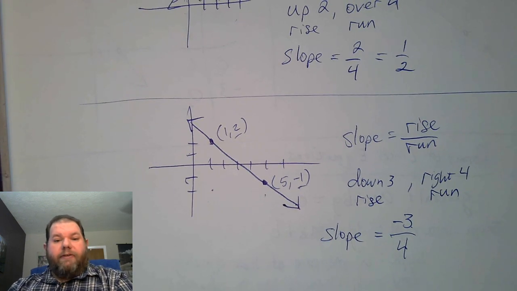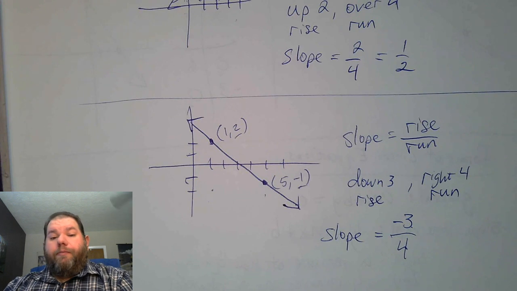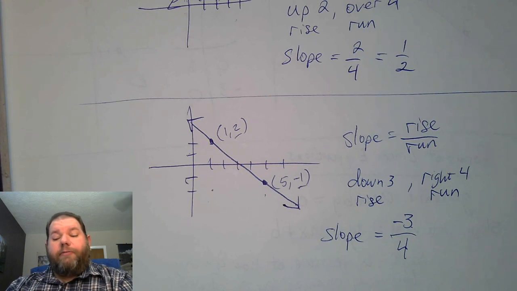And that's entirely based on the slope. Now, we don't necessarily need to look at the graph visually to be able to calculate the slope. It turns out we have a separate formula for that.